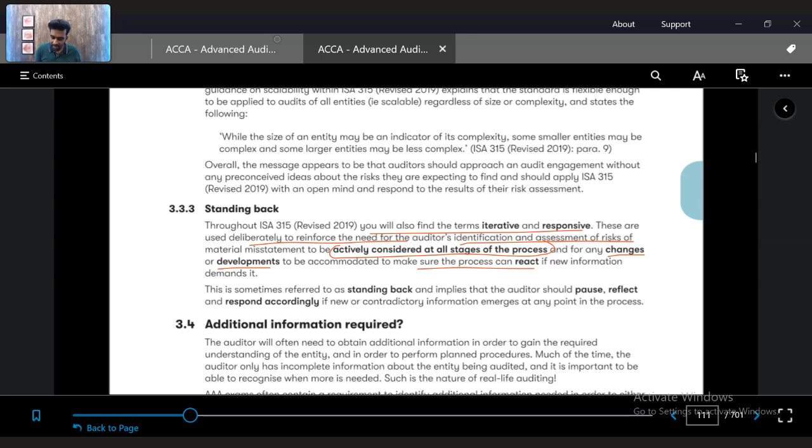Standing back means the auditor will pause, reflect and respond if any information emerges at any point during the audit. So don't take a hurried decision that this is a risk or this is not a risk. Step back for 5 minutes, gather more information about this particular issue and react accordingly.